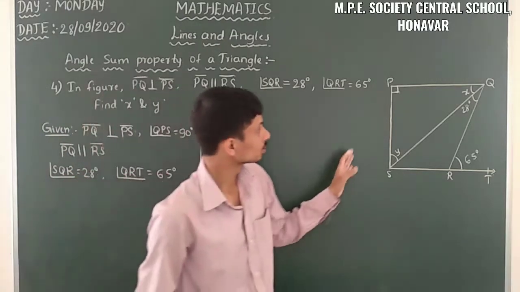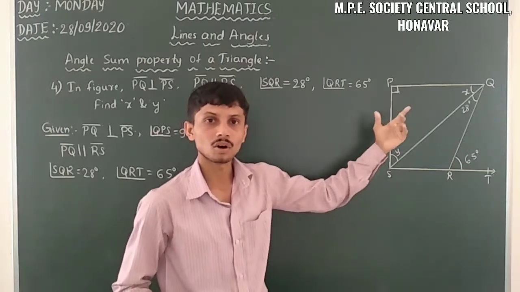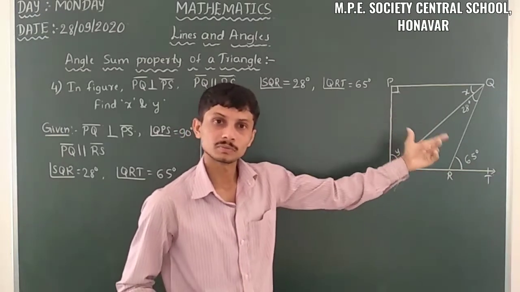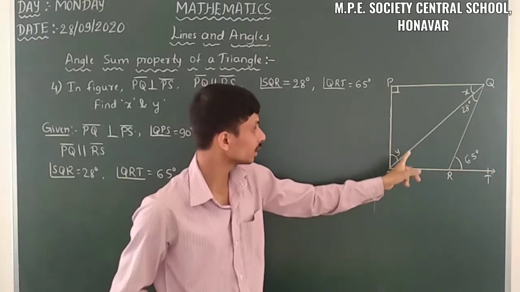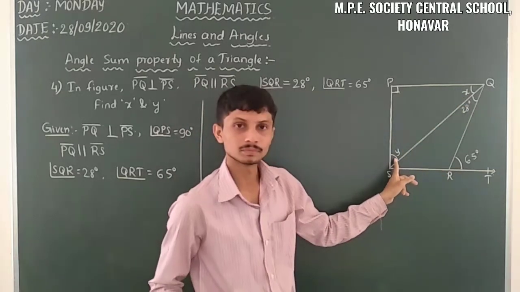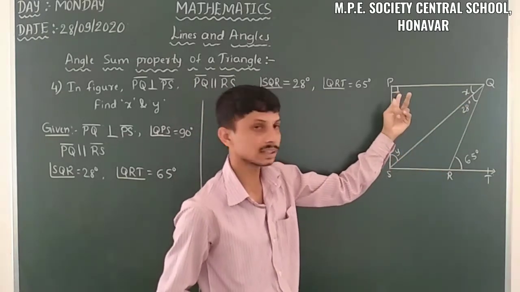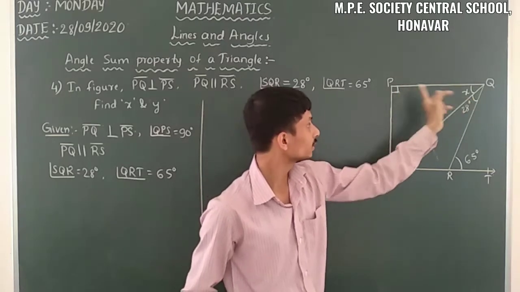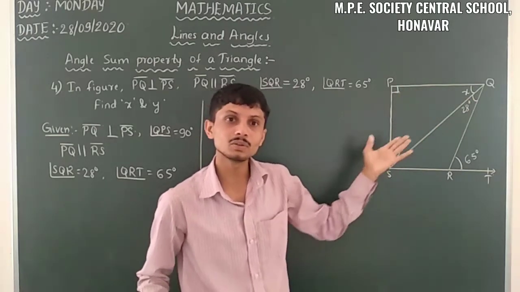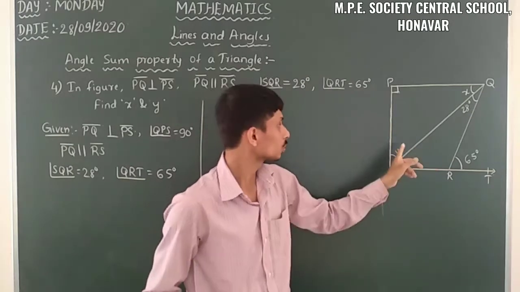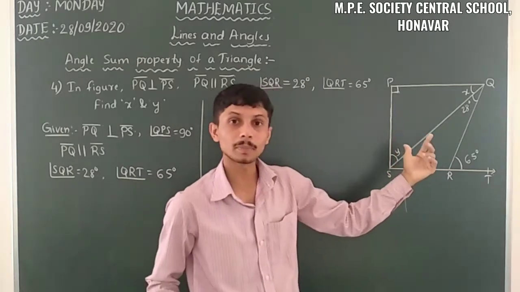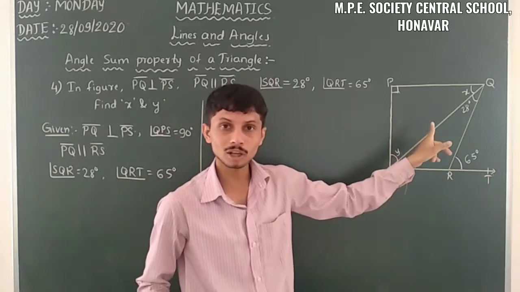Just observe the figure and the given terms. Here x is there, here y is there, and we know about 90 degrees. When considering triangle PQS, we can use the angle sum property and find x and y, but those two are unknown values.